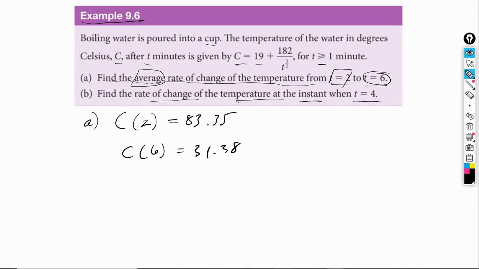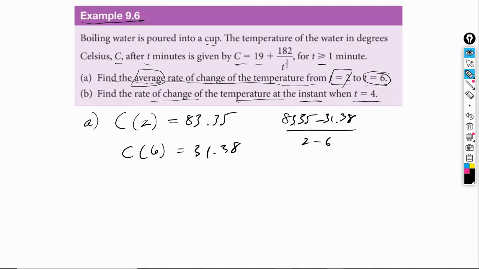So the average rate of change will be the slope of the line between those 2 points. And that's just going to be difference in temperature divided by difference in time. So that would be then 83.35 minus 31.38 divided by 2 minus 6.